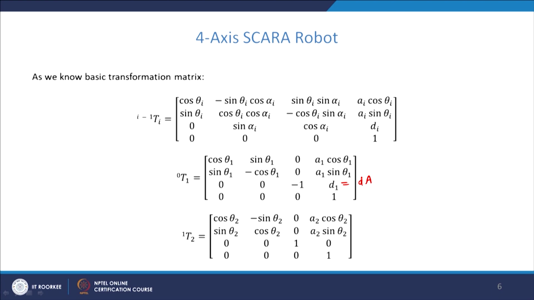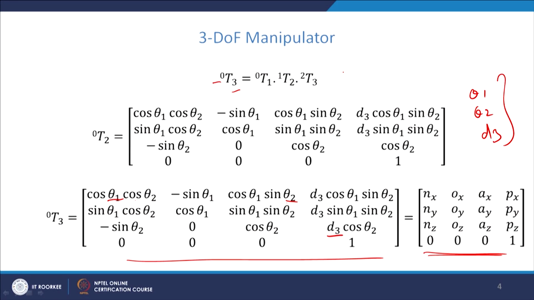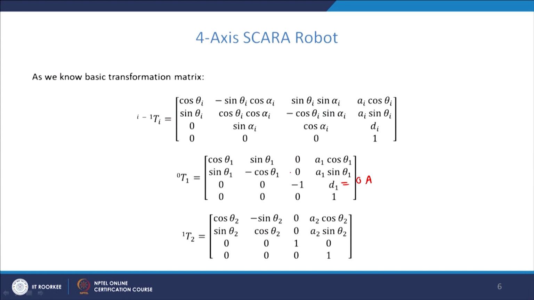The first joint distance d1 is OA. So, we substitute OA in the place of d1, and in the place of A1 we substitute the distance AB, whatever the length AB is.